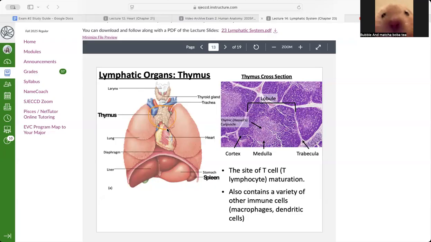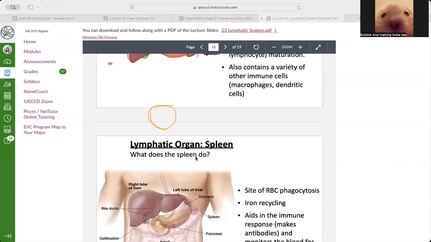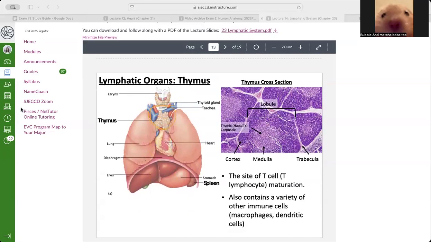So basically, let me explain the T lymphocyte system. Let me erase this real quick.